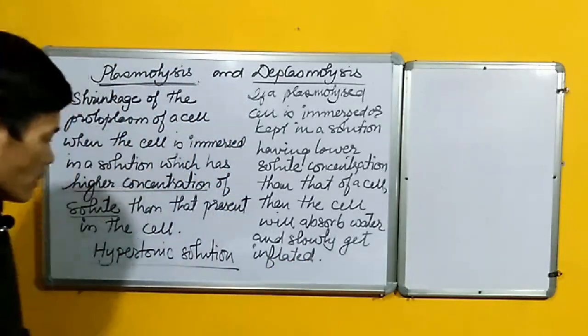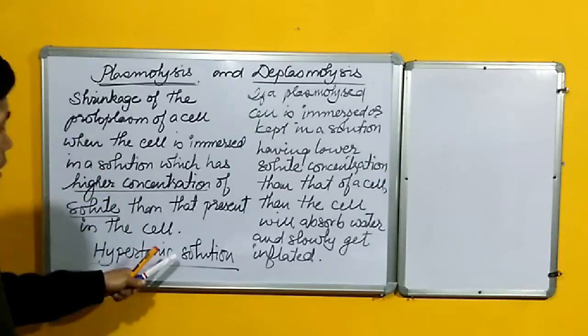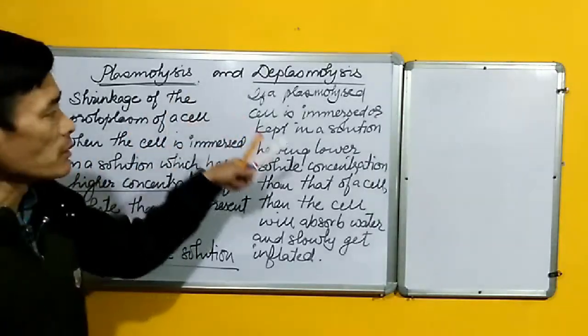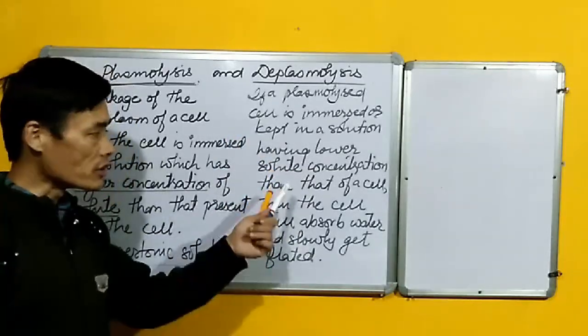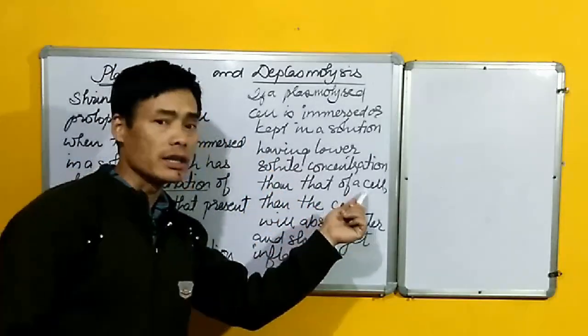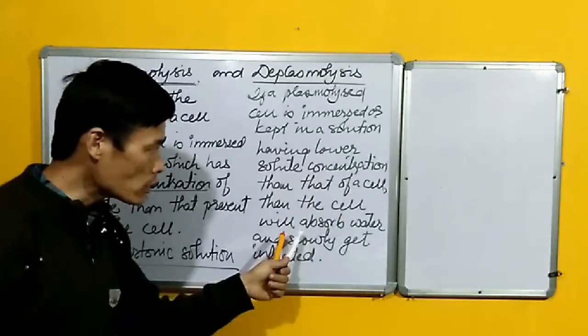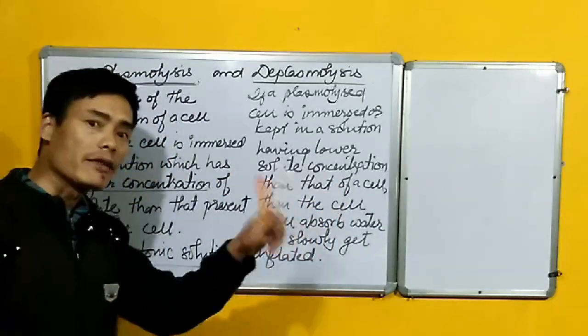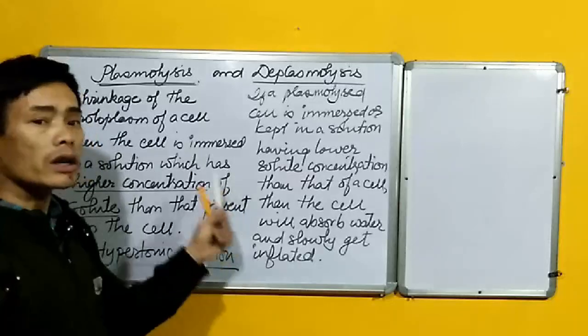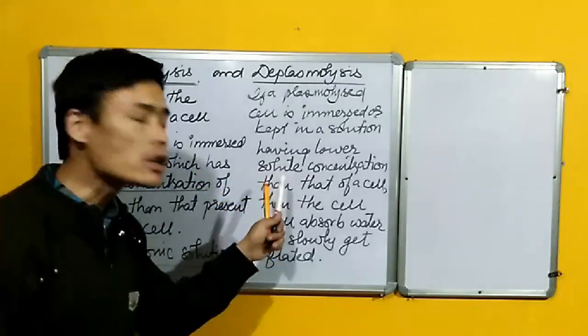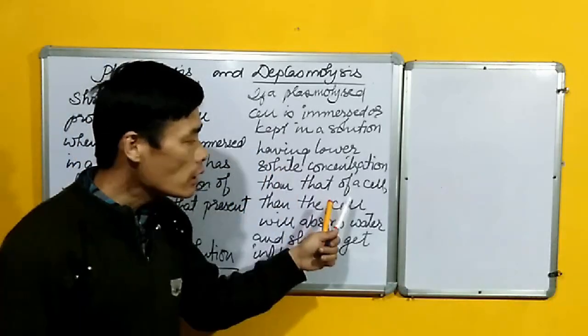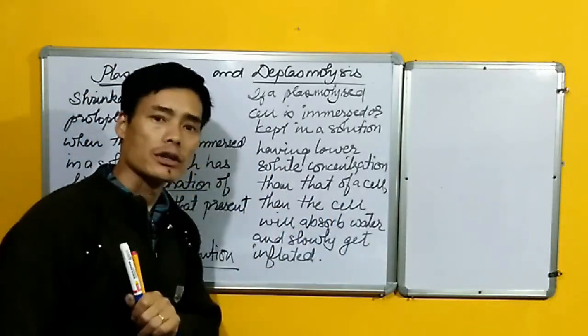So in this condition, what is happening? The plasmolyzed cell is immersed in a solution having lower solute concentration than that present in the cell. As a result, once again, by the definition of osmosis, water moves from a solution having lower solute concentration to a region of higher solute concentration.